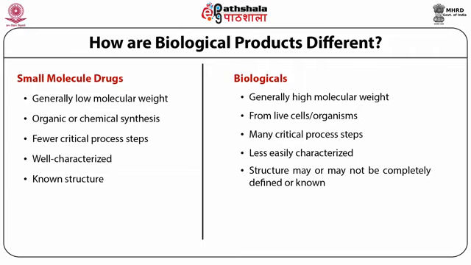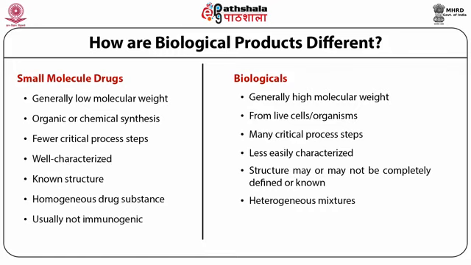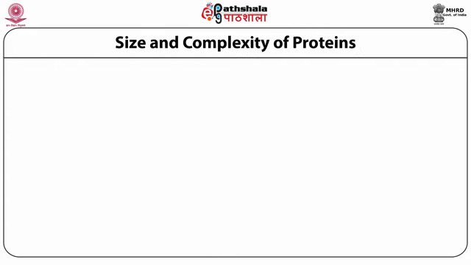Small molecule drugs are homogeneous drug substances, whereas biologicals are heterogeneous mixtures. Small molecule drugs are not immunogenic, whereas biologicals, since they are mostly proteins, often cause immunogenic reactions.